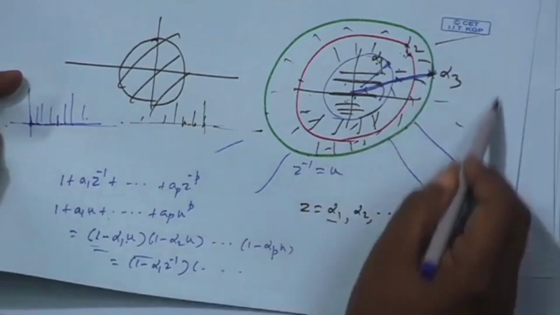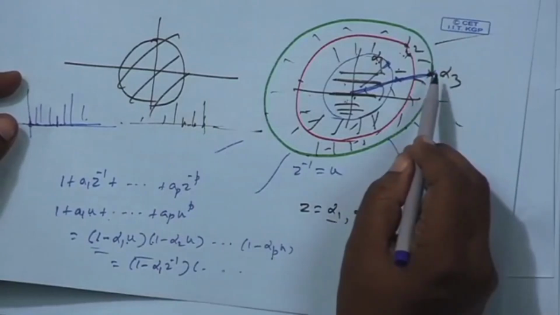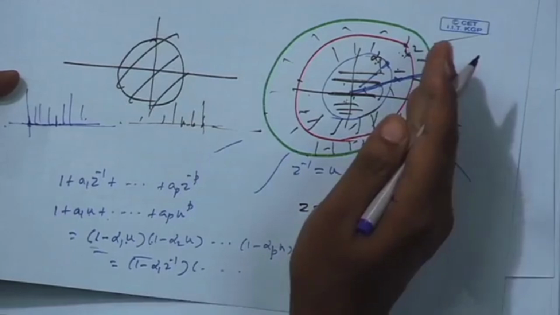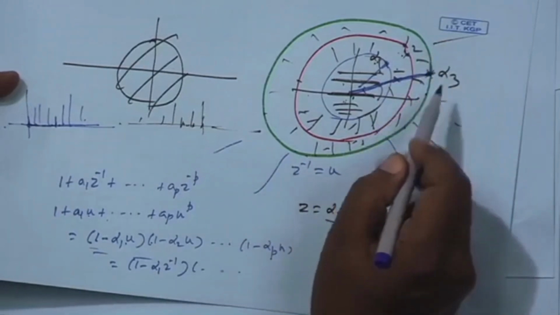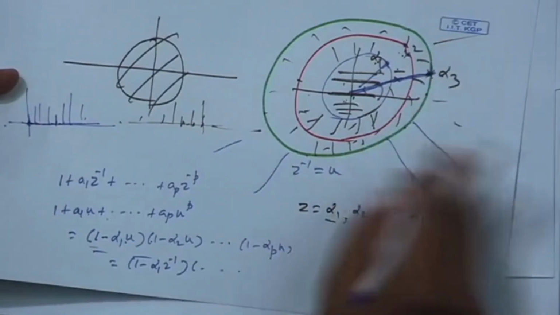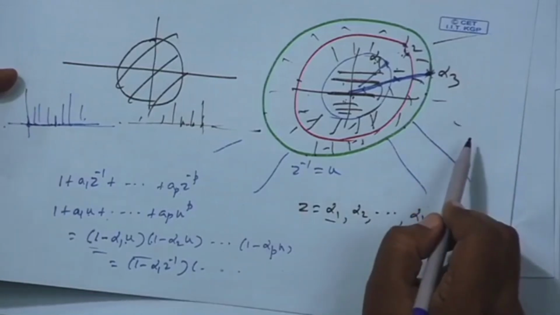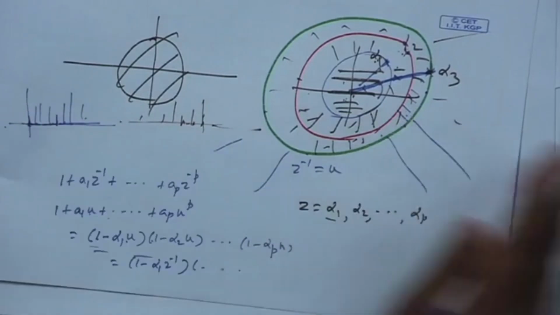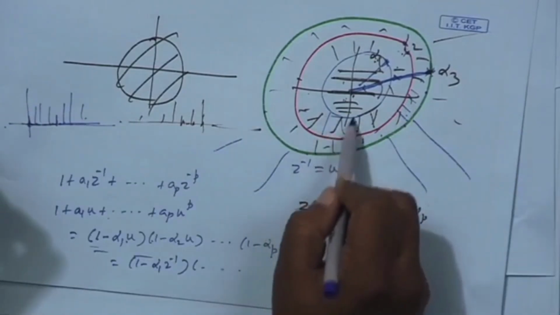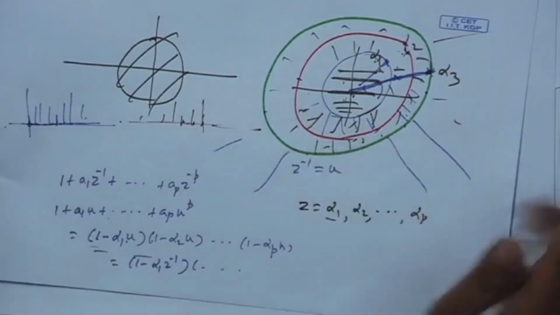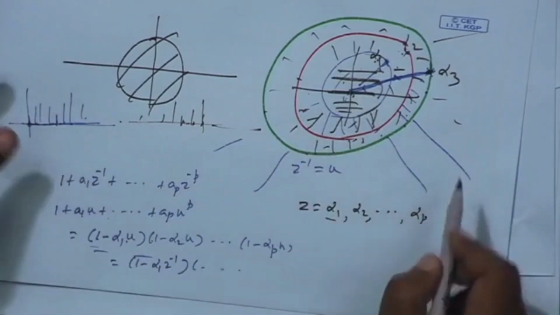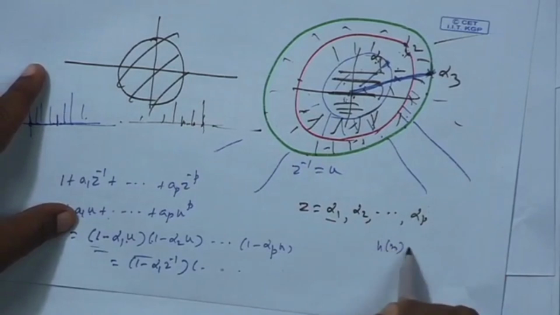If I take that to be the ROC of H(z), then that will amount to a causal sequence in the time domain, because it is starting from one circle and going outside up to infinity. So, in that case I will get a causal sequence, not when I take the ROC between these, because then the sequence will be both sided, not causal, and not when I take it here, where h(n) will go to the left side. For causality, h(n) should be 0 for n less than 0.